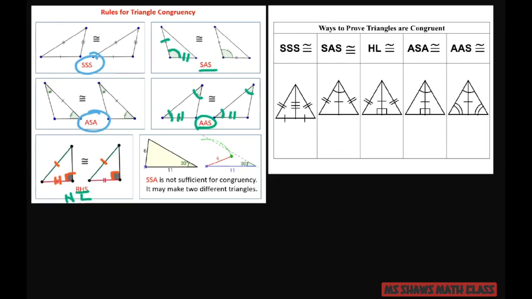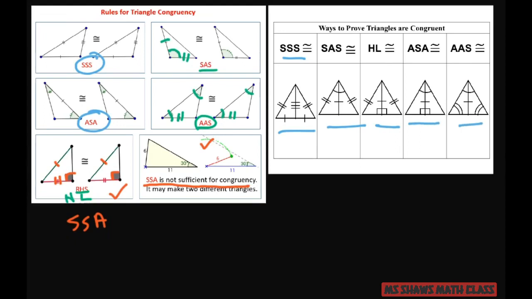And really, this one is more like a side-side angle, which usually doesn't work, it's not sufficient for congruency. But since these are right triangles, it does work. I'm going to go over this one in just a minute. Here it is when the triangles are put together, so you can get a visual on that.